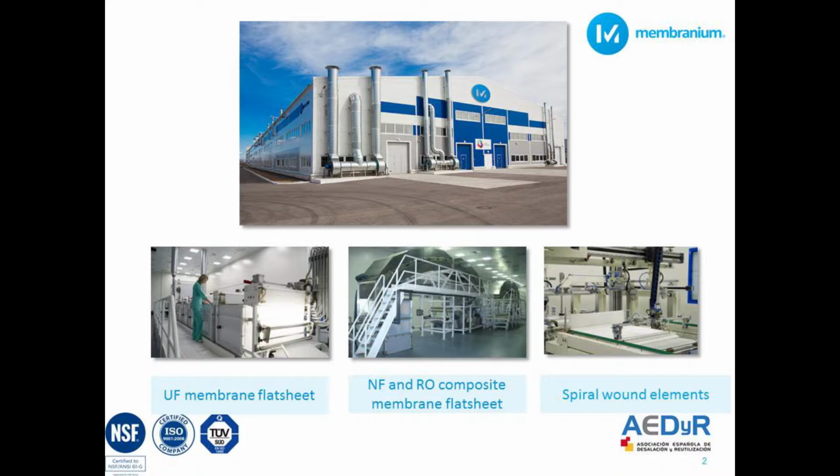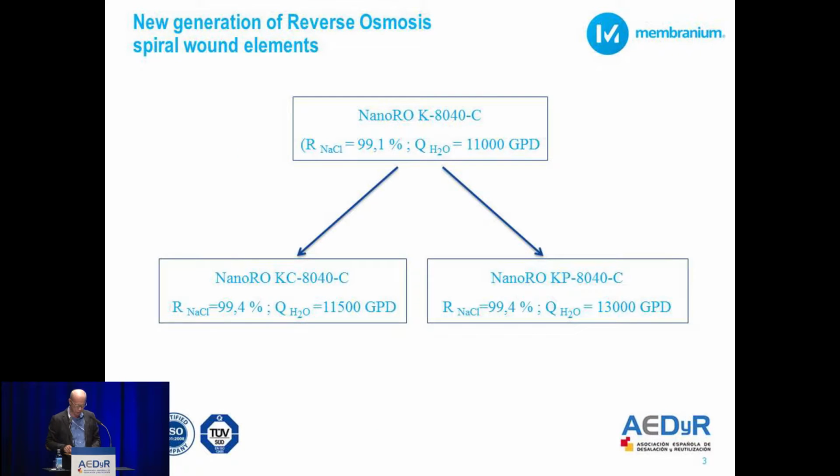During the past year, we could expand our product range and add to the standard sizes of brackish water desalination elements two different new lines of new elements, series KC and KP, with a minimum salt rejection of 99.4% and elevated flux. And as a result, we are now offering our customers in this block the maximum wide range, allowing us to meet the requirements of each specific water treatment project.